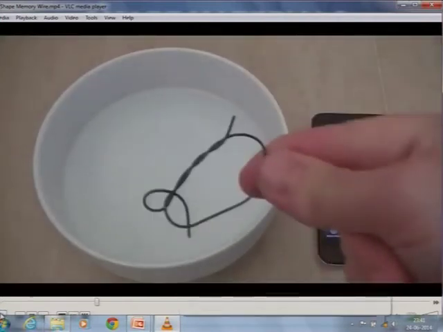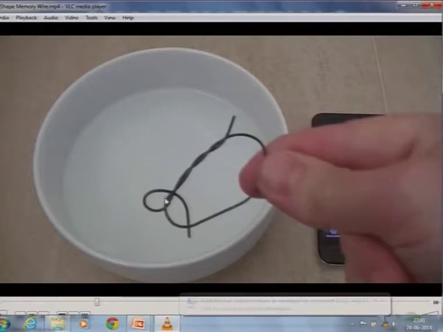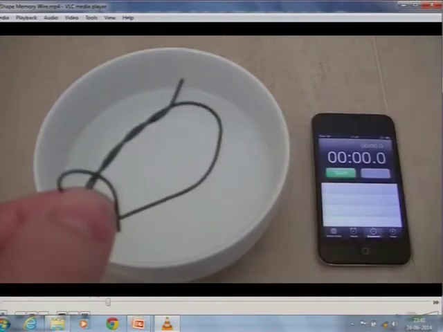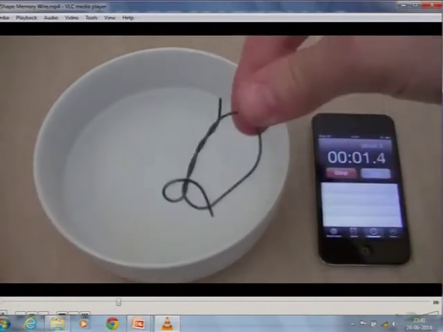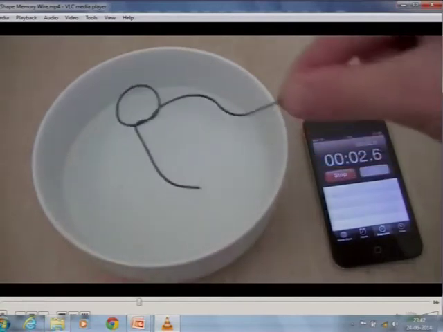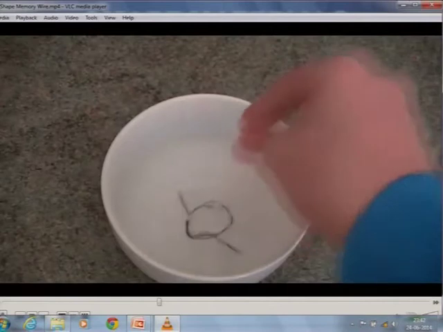In this bowl they have just put hot water and this is a wire made of shape memory alloy, and when he puts this wire in the hot water it will regain its original shape. This array of different knots, and from what I've noticed it kind of works. Even though I couldn't get the knot as tight as I wanted because it's made from metal, it's still pretty impressive.